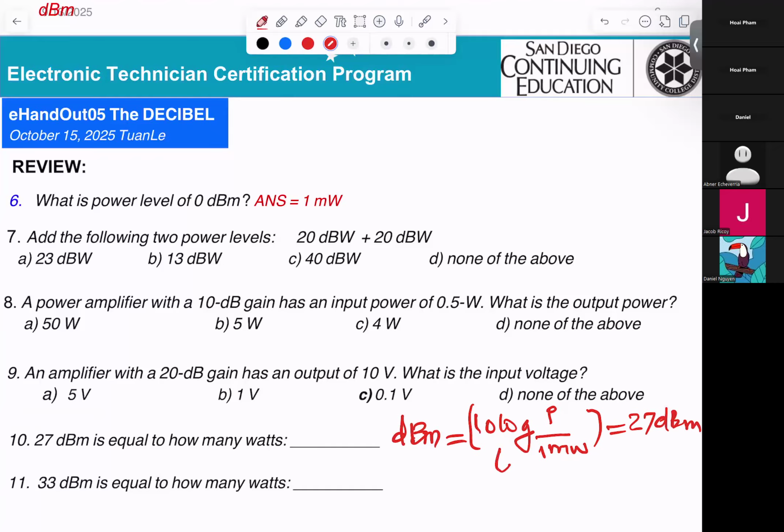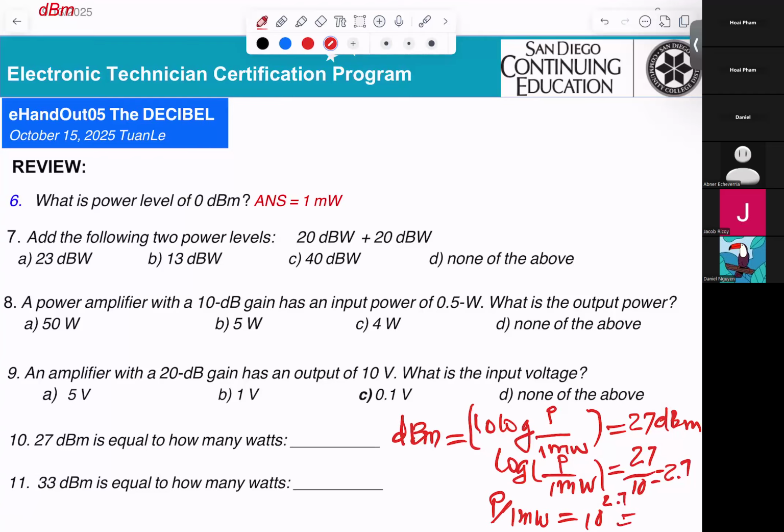And now you want the log only. P over 1 milliwatt: take 27 divided by 10 equals 2.7, anti-log. So P over 1 milliwatt equals 10 to the power of 2.7, equals whatever number.